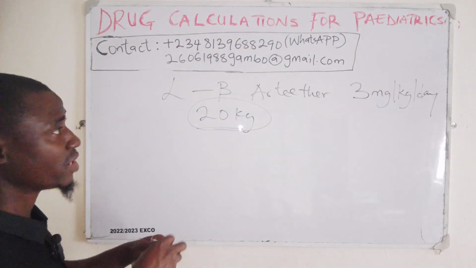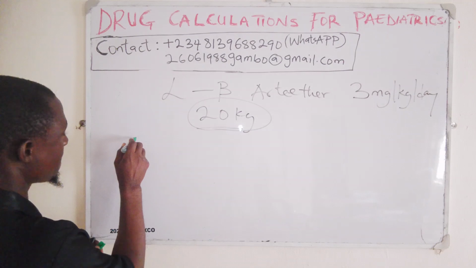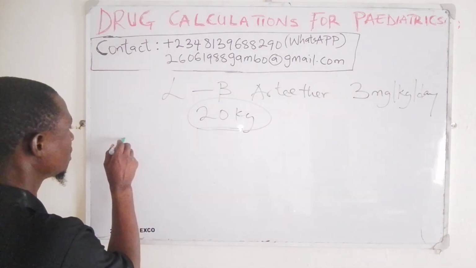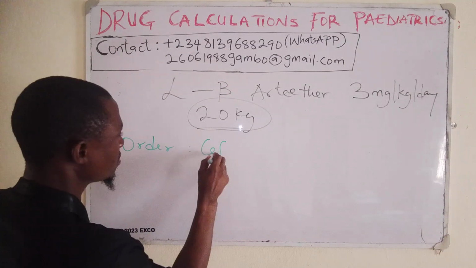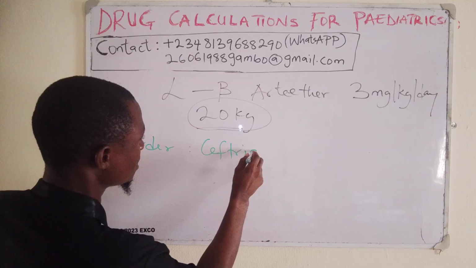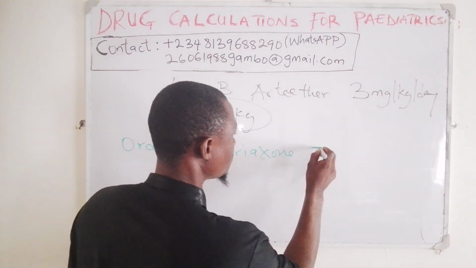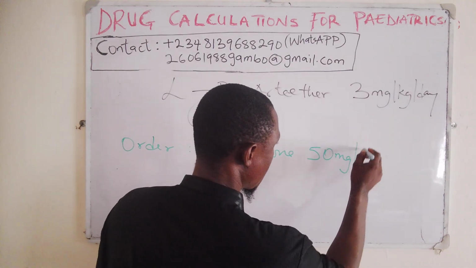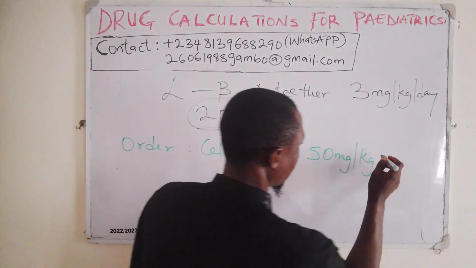And let's take another one. Let's say an order was given for ceftriaxone, an antibacterial agent, at a dose of 50 milligrams per kg in what?